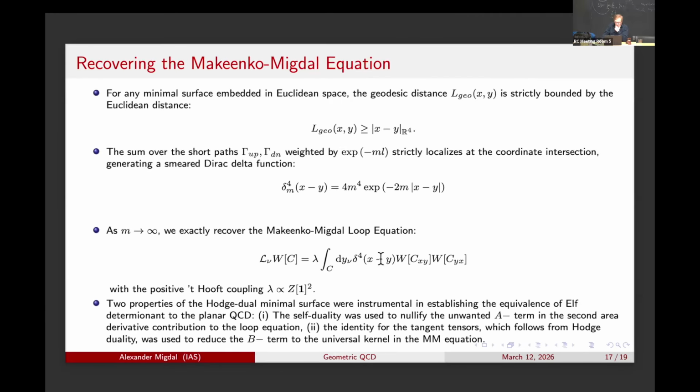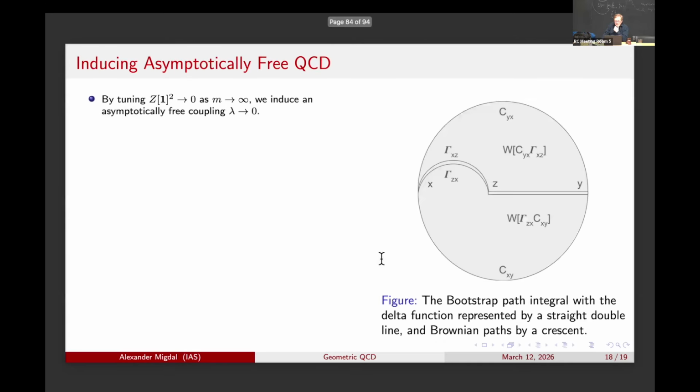But we know, once we have that equation, we discussed that in the previous lectures. Once we have this MM equation regularized with some regulator, we keep the regulator finite, we sum up, and we have small coupling constant, finite regulator with some graphs, and then we get exactly the same graphs, the same terms, as everybody else gets in planar QCD.